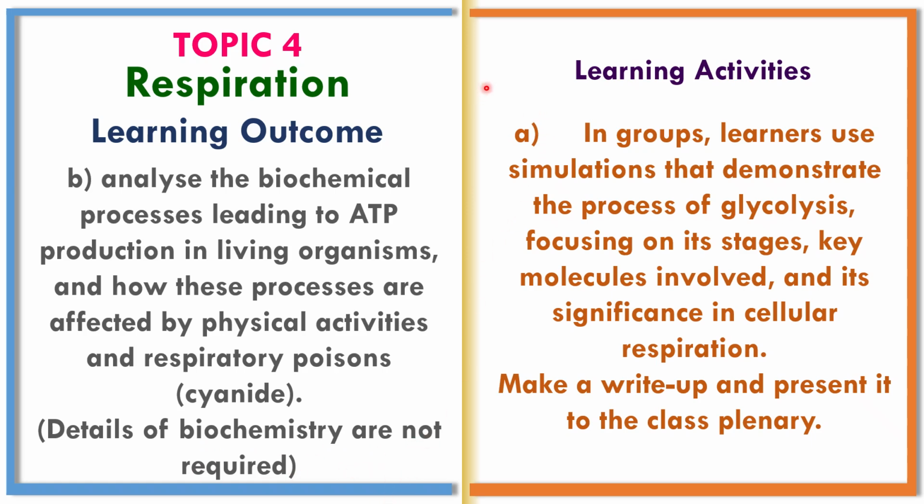We have been looking at learning activity A. In groups, learners use a simulation that demonstrates the process of glycolysis, focusing on its stages, key molecules involved, and its significance in cellular respiration. Make a write-up and present it to the class plenary.